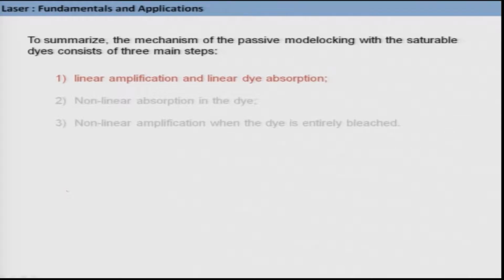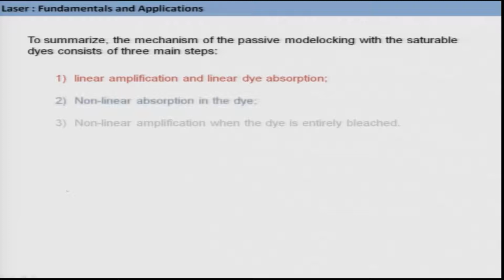Linear amplification in the sense that the active medium will generate photons, and that will be a linear function of time, and at that particular condition the dye also will keep on absorbing in a very linear way. So that is my first step.